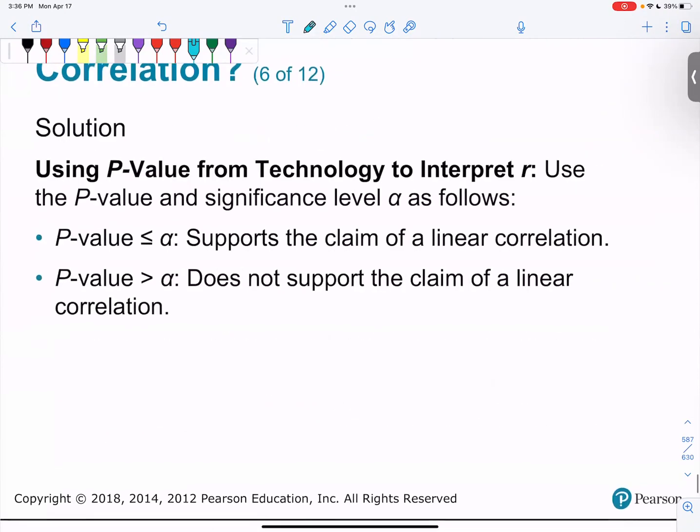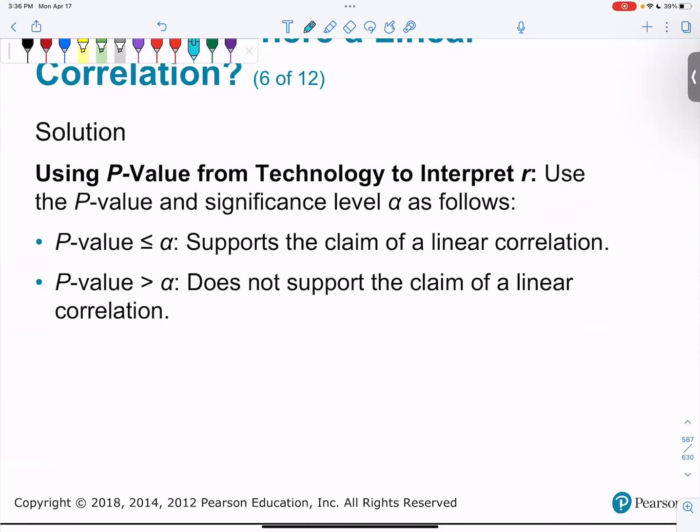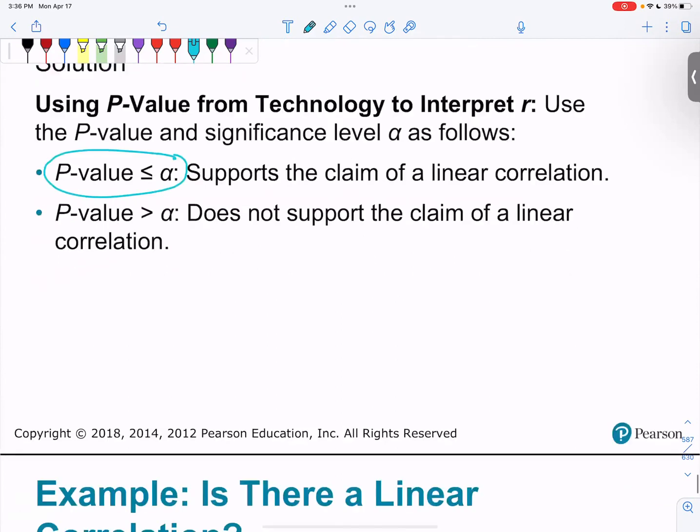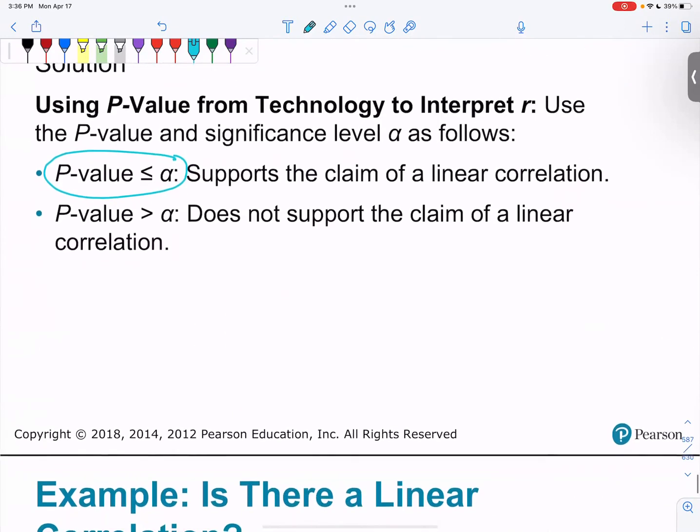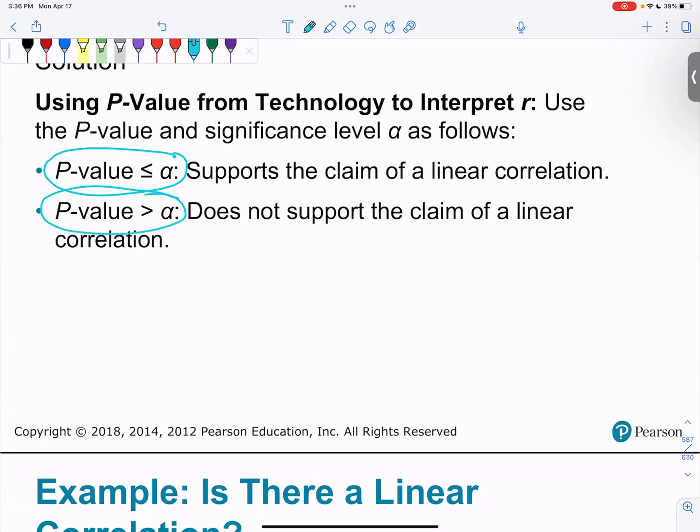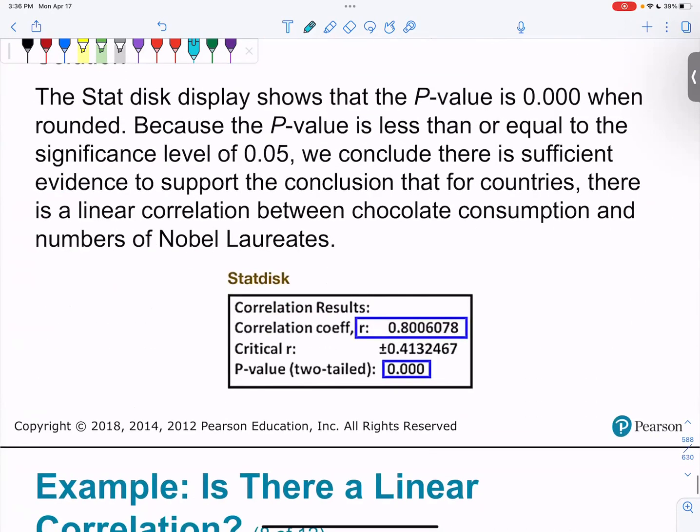So if we calculate the R, let me see if they have it here, yes. We compare it with the p-value: if the p-value is less than alpha, then we say yes, we have a linear correlation. If the p-value is greater than alpha, we say that we don't have correlation. So now if you look, you see here, R equal 0.8, and the critical value 0.4, so it will be like this.